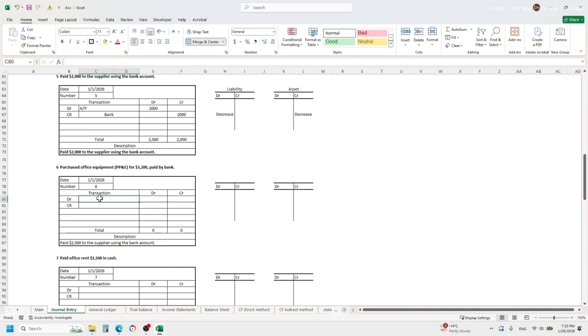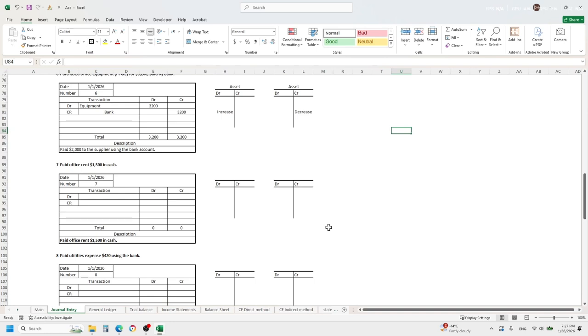So in debit, equipment, and in credit, bank, 3,200. The two accounts affected are both assets. One is affected by an increase, so we debit, and the other by a decrease, so we credit.